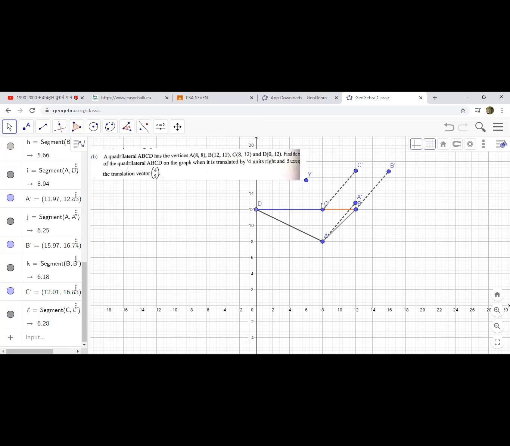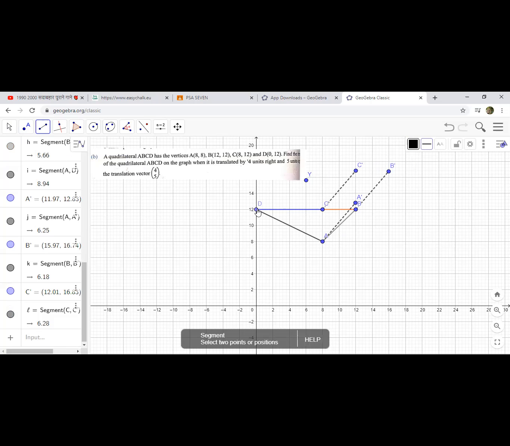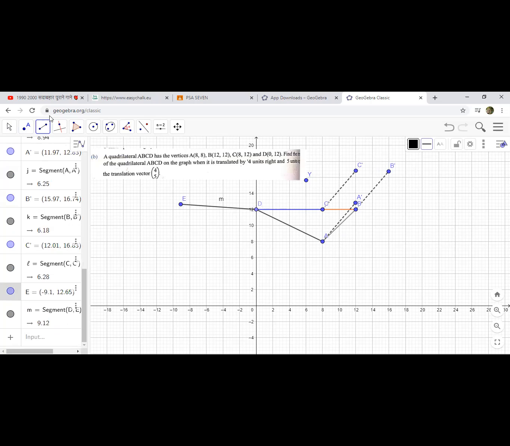Finally, let's do the point D and find D dash. From D we have to go 4 units right and then 5 units up. Let me drag this file a little bit down, just a moment.